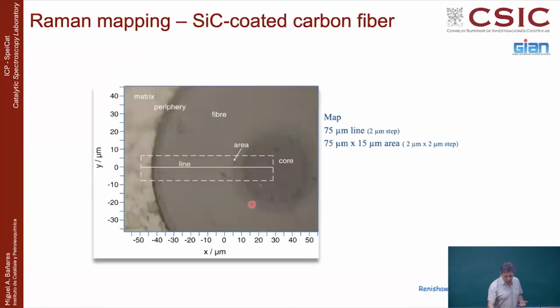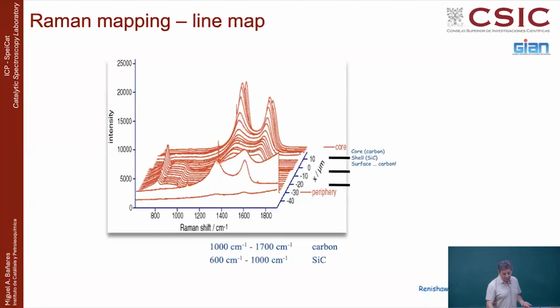And in this case, it was just a carbon fiber coated by silicon carbide. So depending on the coordinate, you will get a Raman spectrum of the carbon or of the silicon. Then you can plot things like that. But there is a lot of information within these spectra. If you want to make a map, a chemical image, you have to handle these spectra differently.